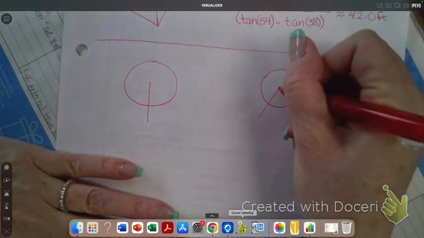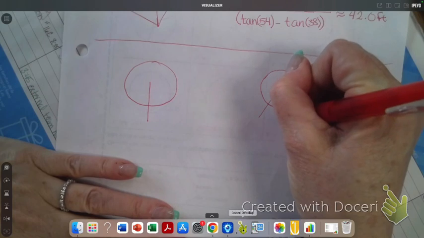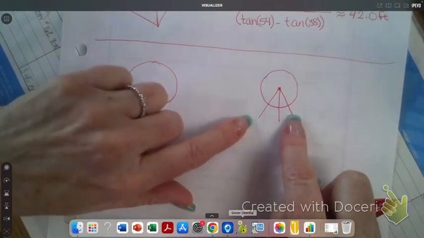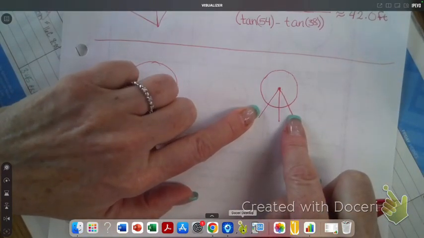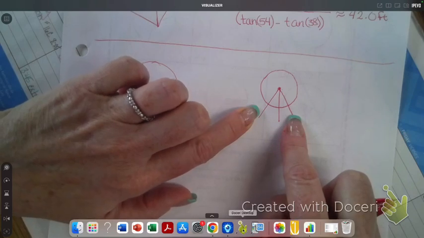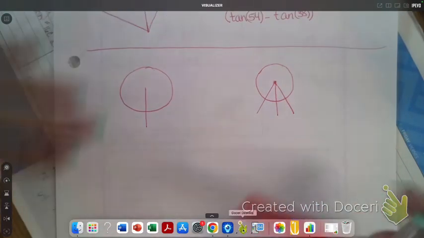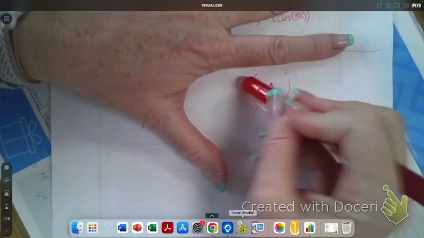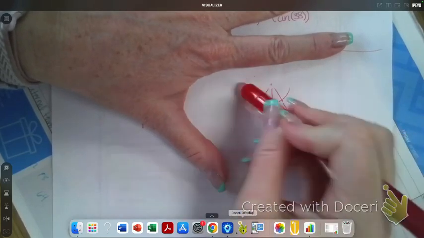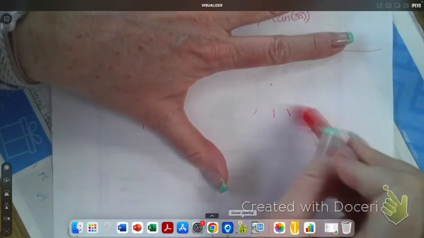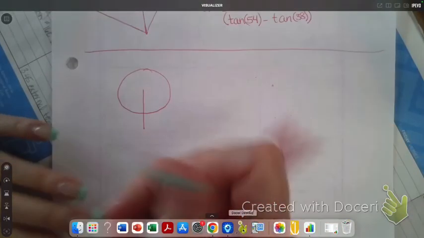But then they have this information here, and then they have two extra lines that are doing what with their brain? Are they confusing your brain? Yep, so don't put them in there. Okay. So there's our crude Ferris wheel.